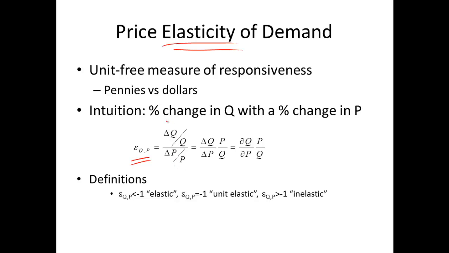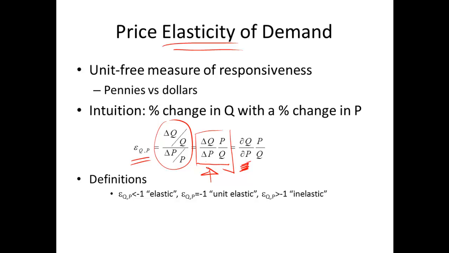Now you can just rewrite this as delta Q over delta P times P over Q. So this is a pretty handy definition of the elasticity. If you're a calculus person, you can also think about it as the derivative of Q with respect to P, or the slope of the demand function, times P over Q. But this is the definition we'll typically work with right here.